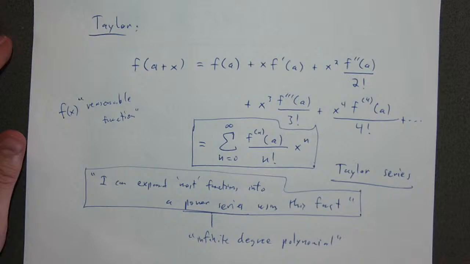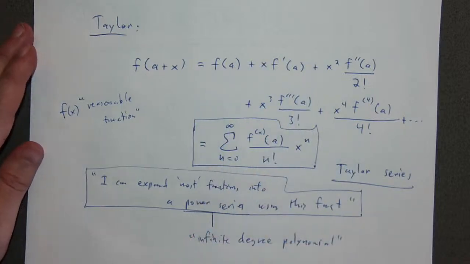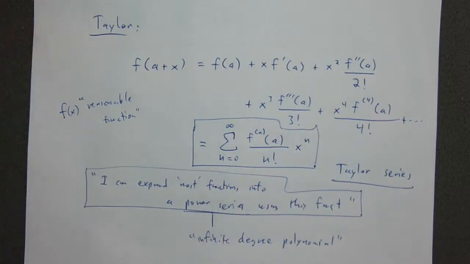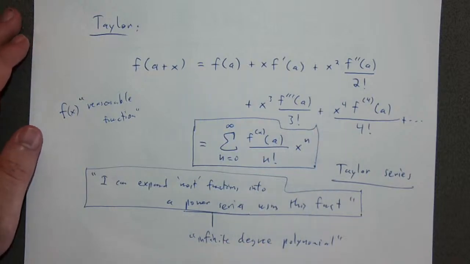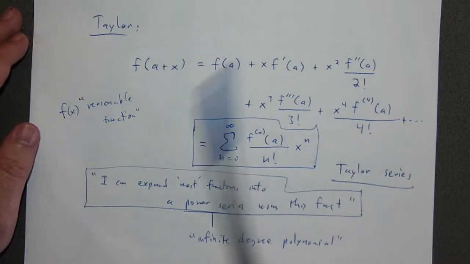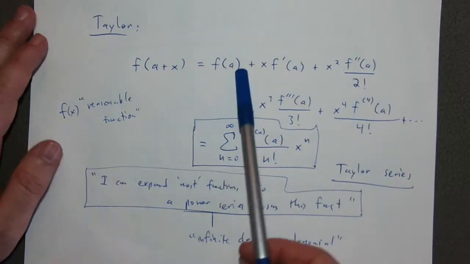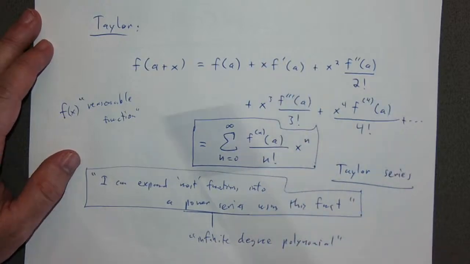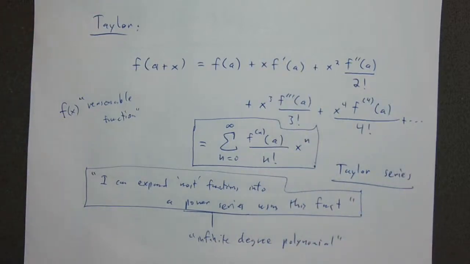So a polynomial type thing is absolutely perfect to deal with for derivatives and integrals. If I want to do some kind of calculation, I could do it term by term and then sum the results. That's the idea, and that's why a polynomial-like thing is very nice.